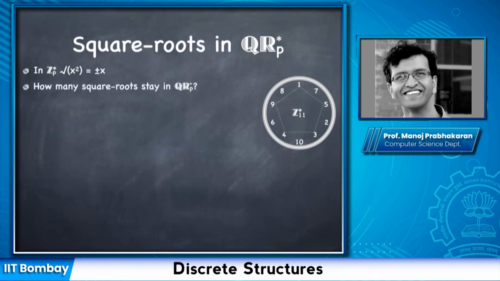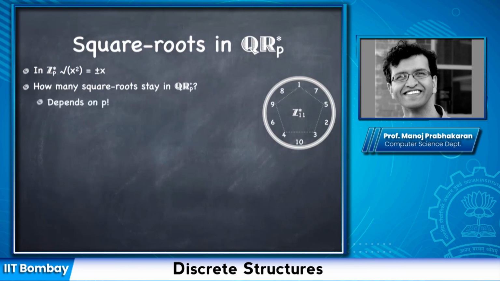And these square roots themselves may or may not be in QRp star. They may or may not have square roots themselves. So if you want to just focus on QRp star, you would be interested in seeing how many of them stay in QRp star and how many of them go into Zp star outside of QRp star.